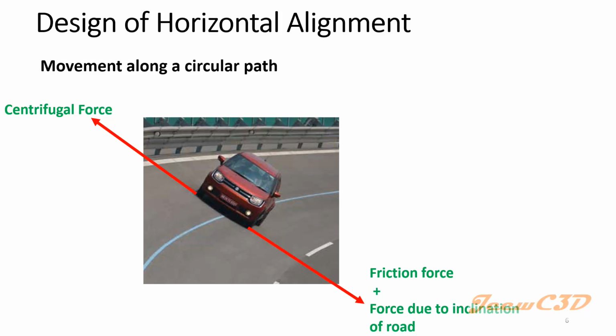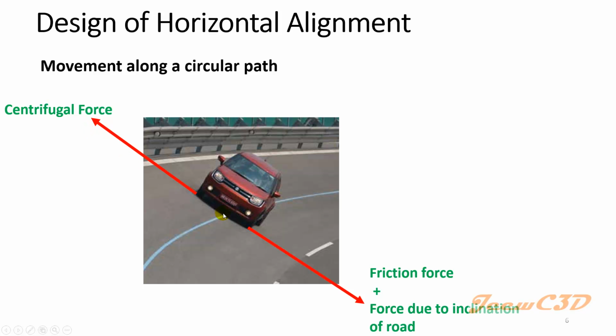So if you consider this car, it is coming inside this curve, so it will have a centrifugal force which acts outside which drags the vehicle outside of the curve. So that centrifugal force will drag this vehicle towards the outside edge of the curve.